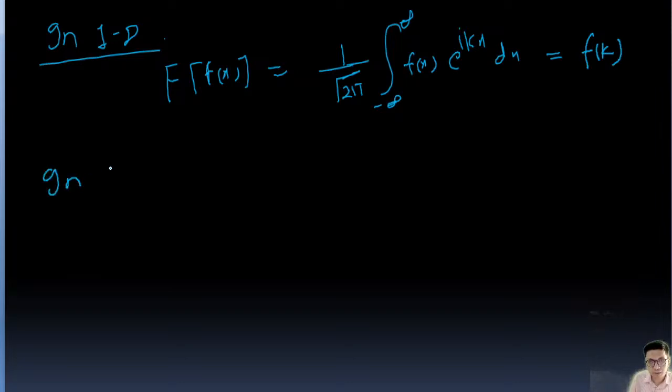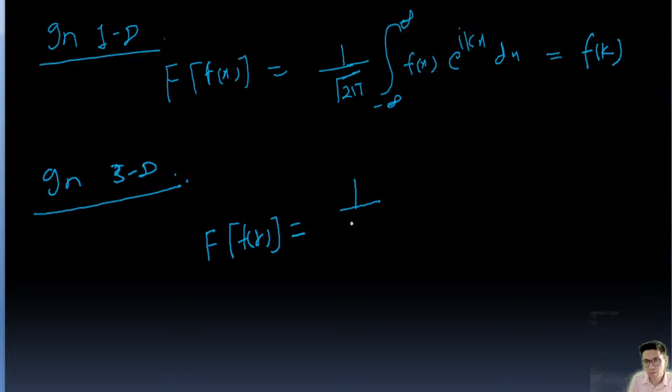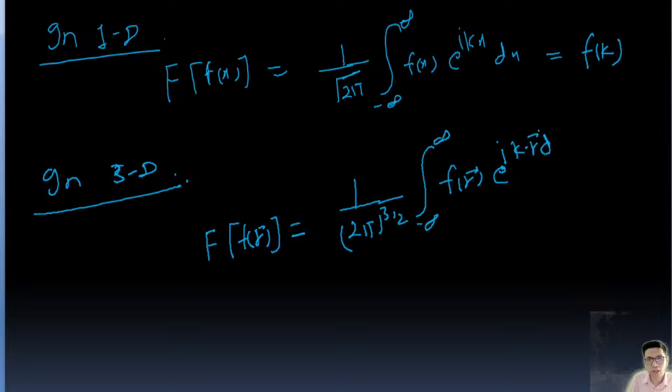And in 3 dimensions, the Fourier transform of the function f(r), where r is the position vector, is 1 upon 2 pi to the power 3 by 2, integration from minus infinity to plus infinity of f(r) e to the power iota k dot r dr, which is equal to f(k).